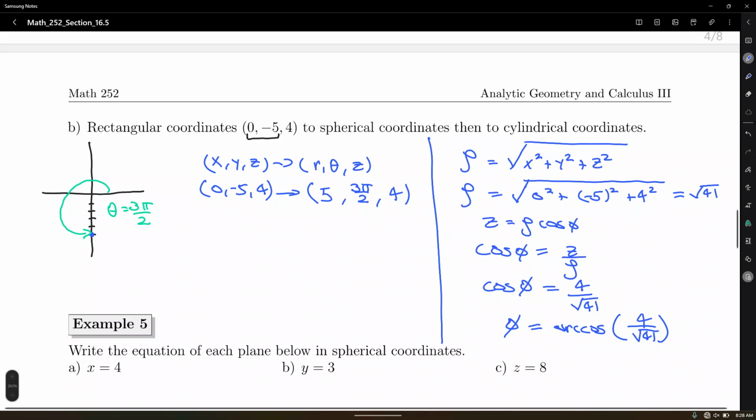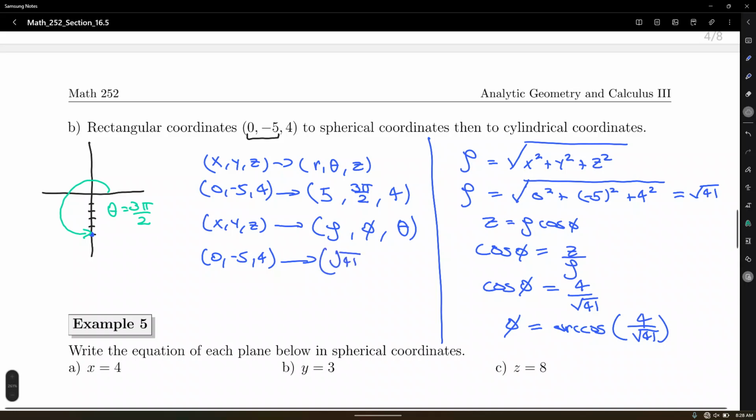All right? So that means we're going to express this point x, y, z in spherical, rho, phi, and theta. That is 0, negative 5, 4. What's rho? That's the square root of 41.